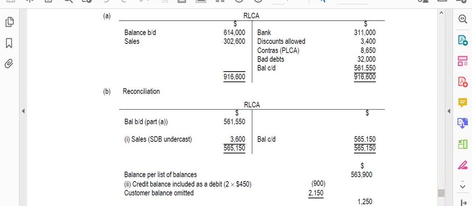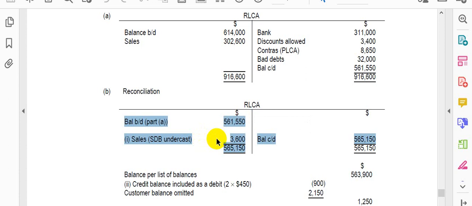So we make the correction for the undercast, which is that entry there. If you had undercast, it means you posted a figure which is less.